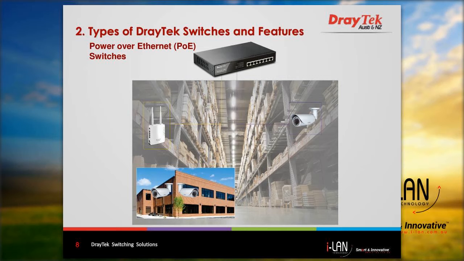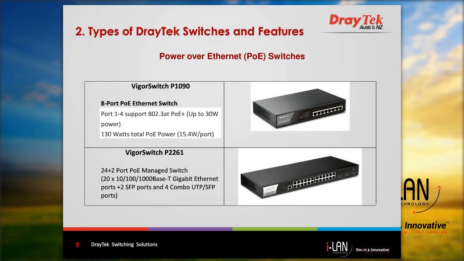So this eliminates the need to install power cabling, and hence reducing installation costs. These switches can supply up to 30 watts of power from 802.3at PoE switch ports and 15.4 watts of power from 802.3af switch ports.